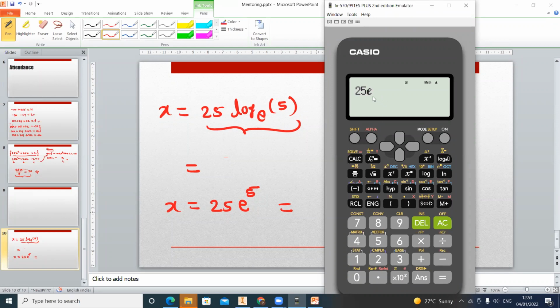Here you cannot see the raised to, that is the power. For that, press x to the power. So you can see 25 e to the power, and then you can enter the required power. This is how you can use the exponential term from this button or from ln.